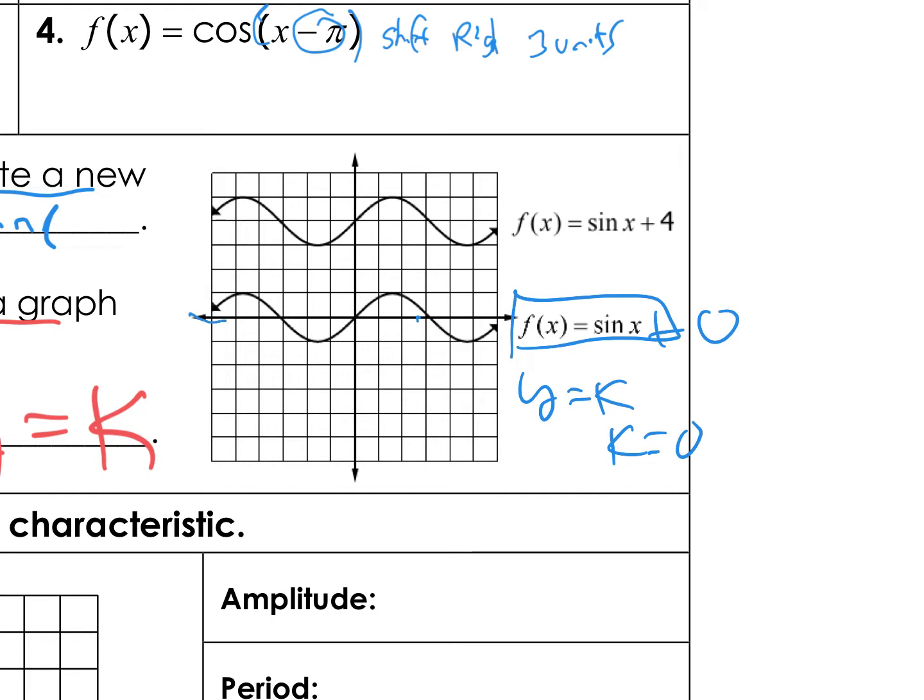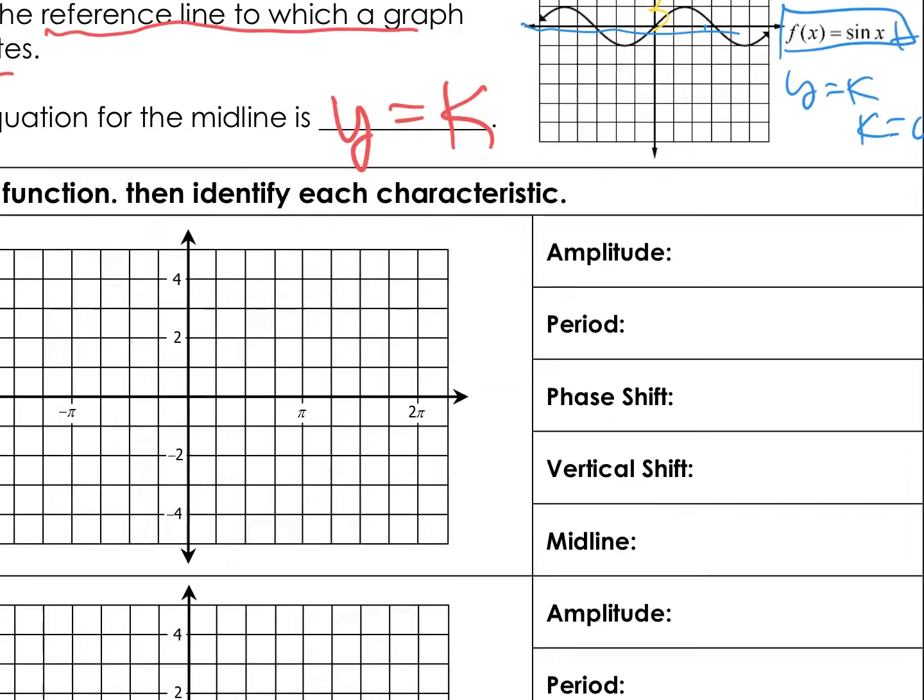So there's your midline. In this case, the second function of f, I wish they'd have called it another letter, it's obvious that it shifted up 4. So let's count up 4 and see what happens. 1, 2, 3, 4. And I graph that line here. That became the midline. It's not a secret.